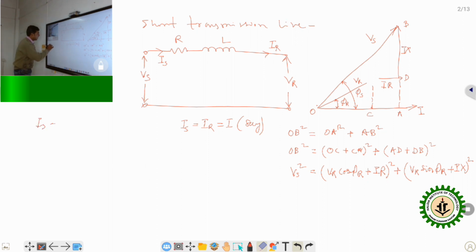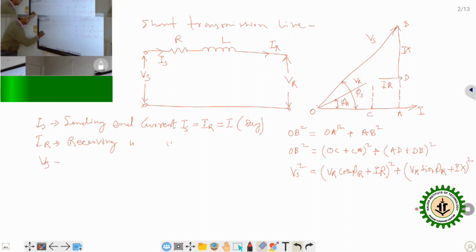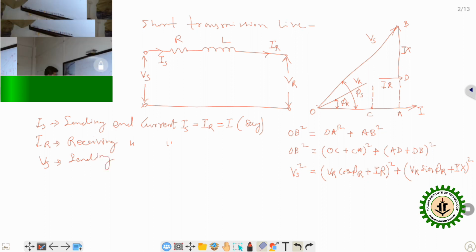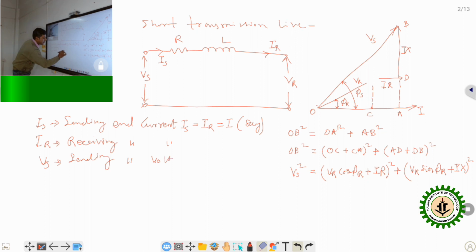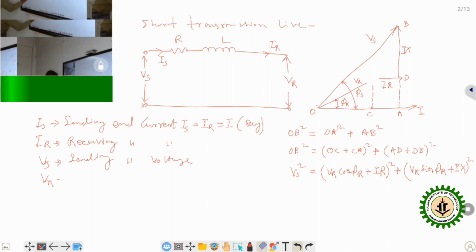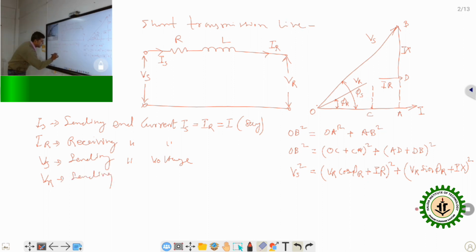Here Is is the sending end current, IR is the receiving end current, Vs is the sending end voltage, VR is the receiving end voltage.